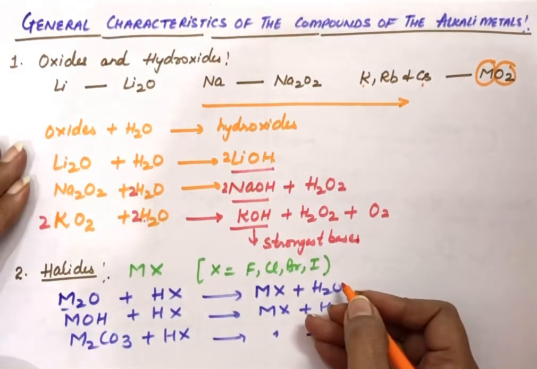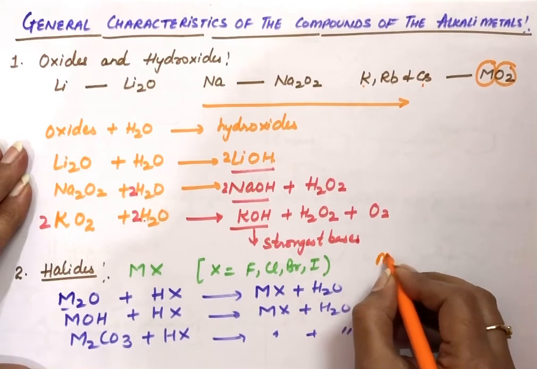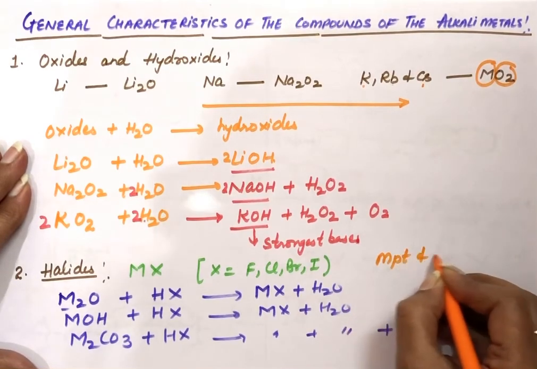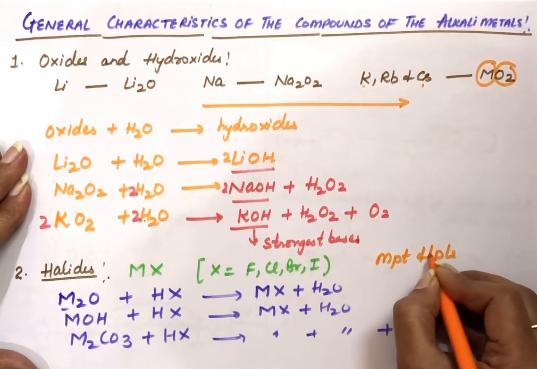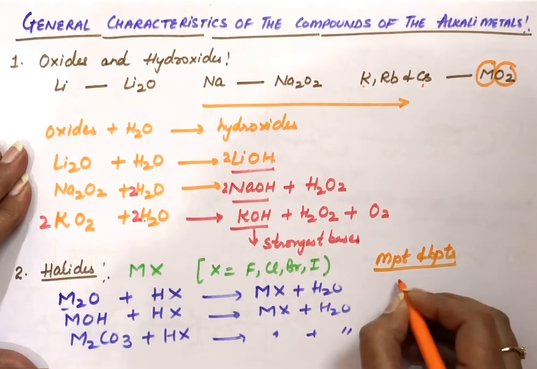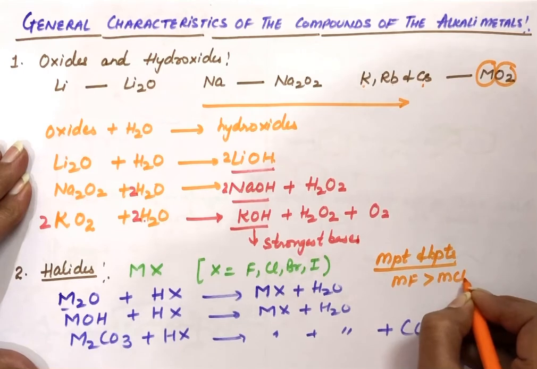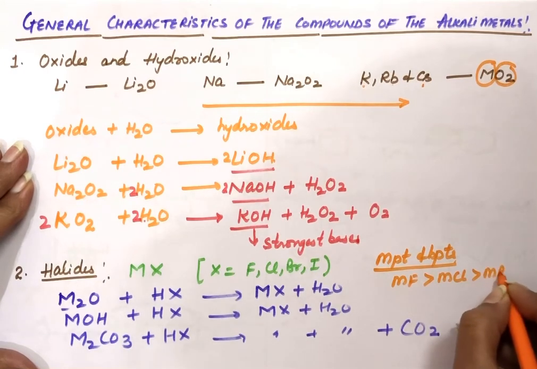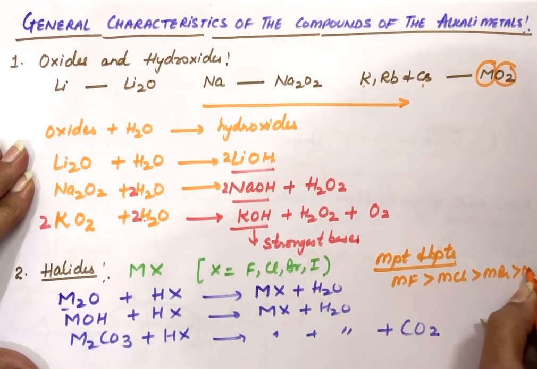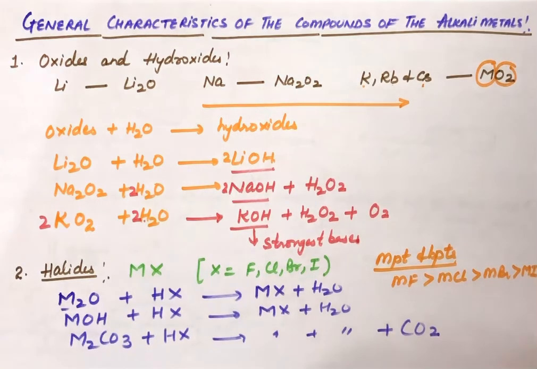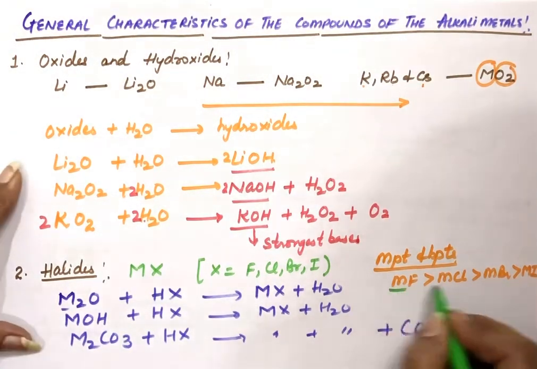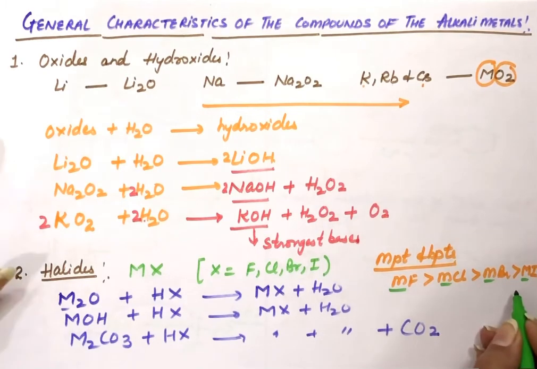Now the trends of these halides in melting point and boiling point. Fluorides have higher melting and boiling points than chlorides, chlorides more than bromides, and bromides more than iodides. The reason is that the metal is the same and only the halogen is changing.